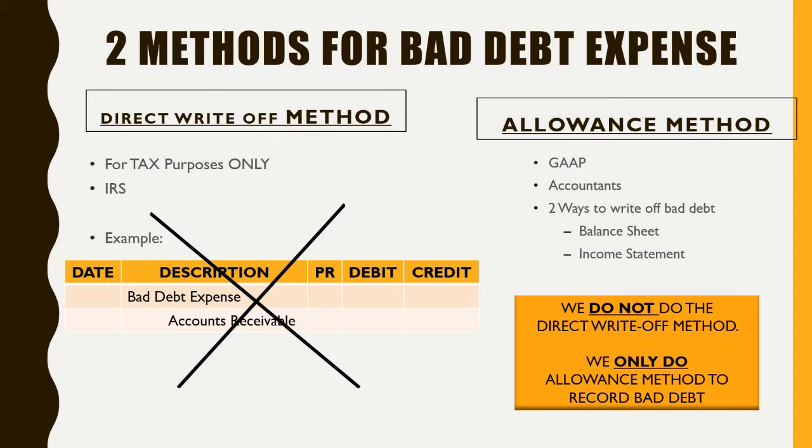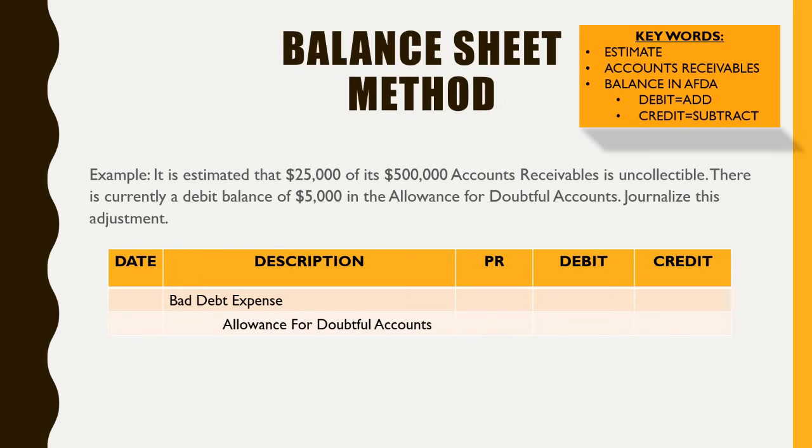Now, we are going to look at both methods, because I'm going to show you which one is easier for you. The first one I'm going to talk about is the balance sheet method. Here's the example.